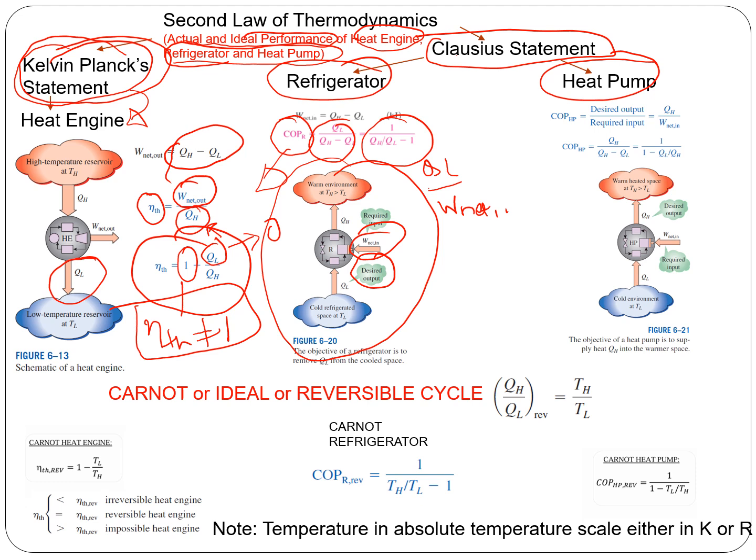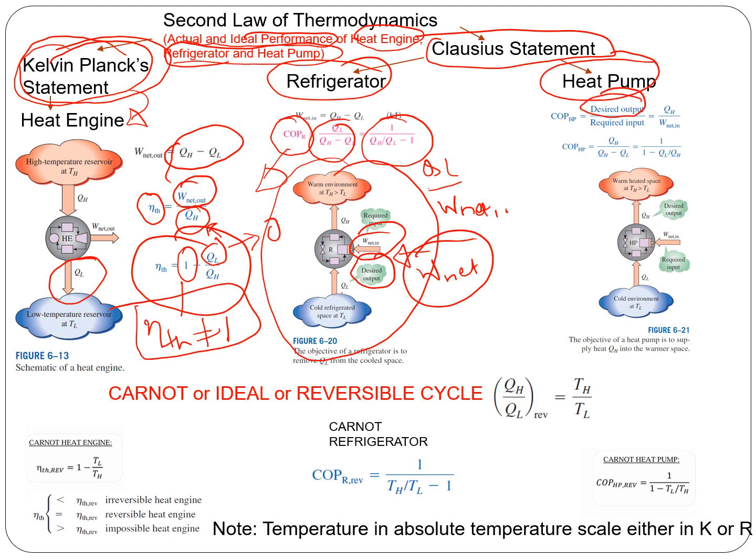And the Clausius statement says that you cannot take heat from a colder temperature to a higher temperature unless you apply some amount of work. So without supplying some amount of work, you can't do that. So that's the refrigeration cycle and heat pump. The difference with the heat pump is the desired output.